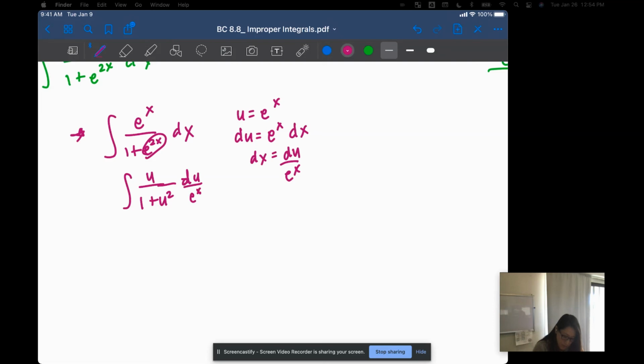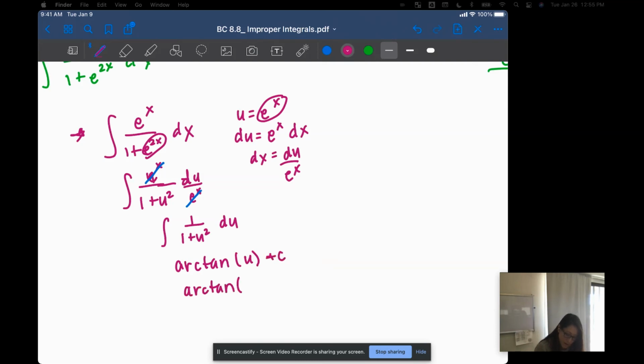And remember, e to the x is u, so u and e to the x cancel, giving me the integral of 1 over 1 plus u squared du, which is arctan of u, plus c, so it's arctan of e to the x plus c.